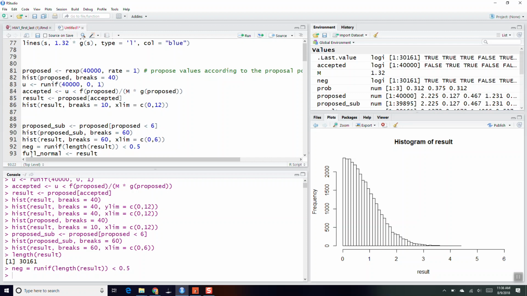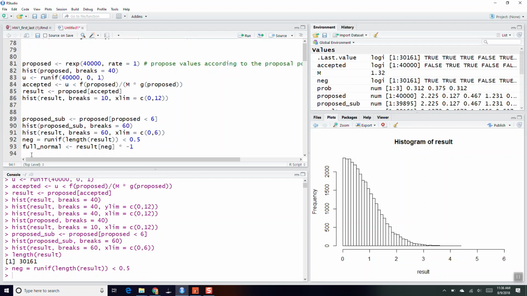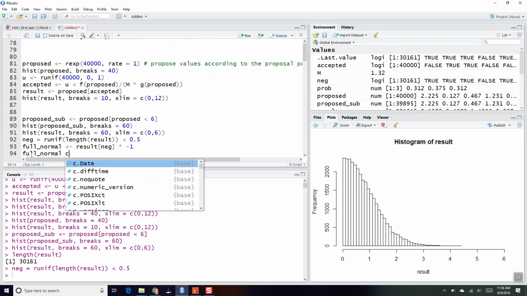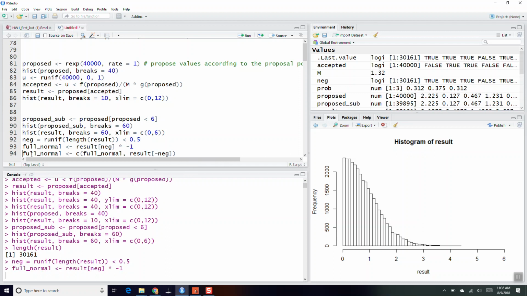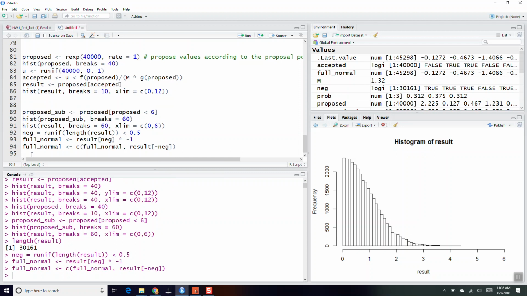Okay, so we'll do a result of those that are negative, we'll multiply those by -1, and then we will tack on everything that's in full normal and the results that are not negative. Okay, so if I do this, then this should work.